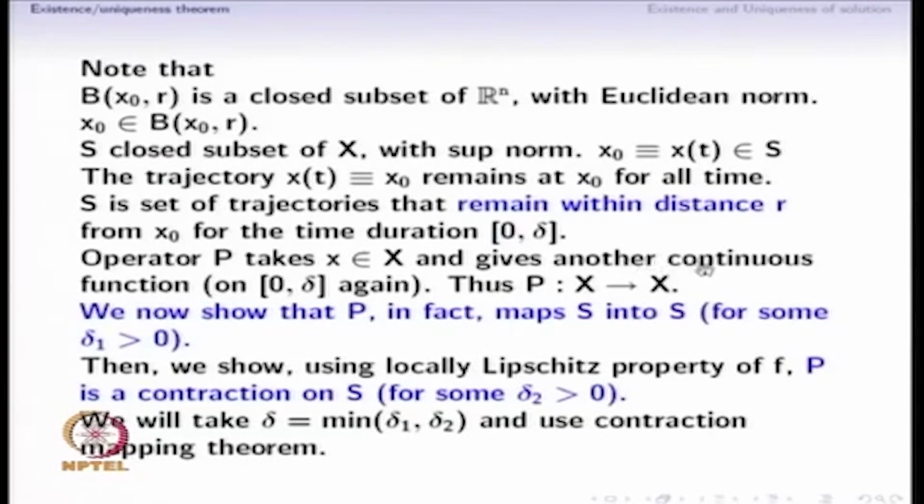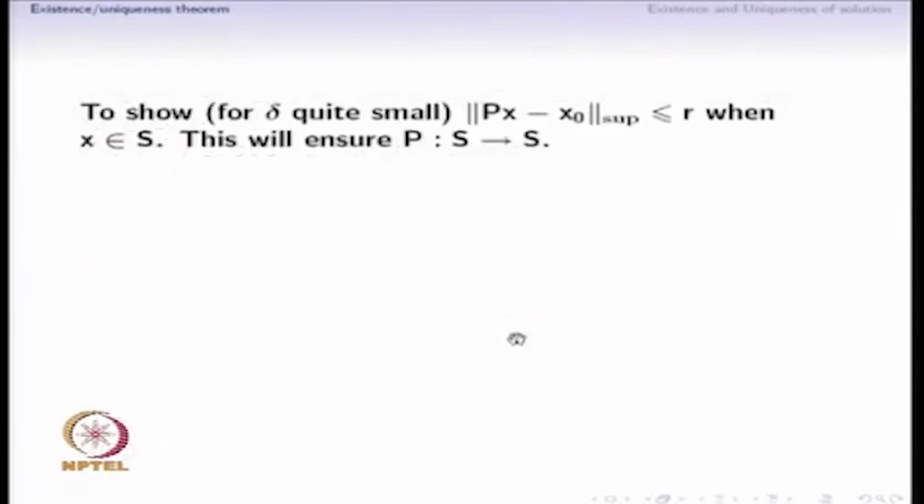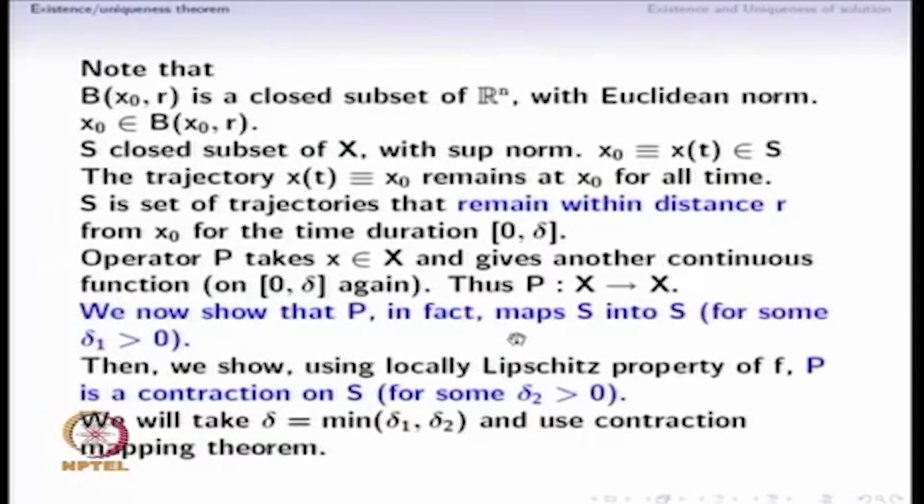What does the operator P do? It takes x, small x in capital X, and gives another function again on the interval 0 to delta. Hence we see that P is a map from X to X. We now show that in fact P maps S into S for some delta suitably small. Notice that delta was a number yet to be chosen.